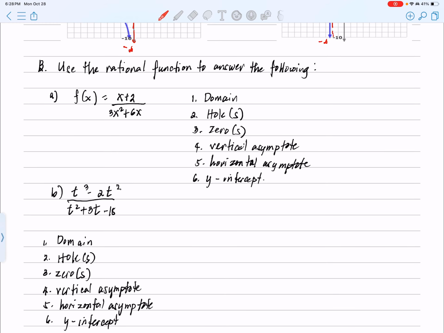All right, you're asked for the domain. Let's try looking at this. x plus 2 is already in factored form, but in the denominator we can factor out a common factor of x, and for 3 and 6 the common factor is 3.